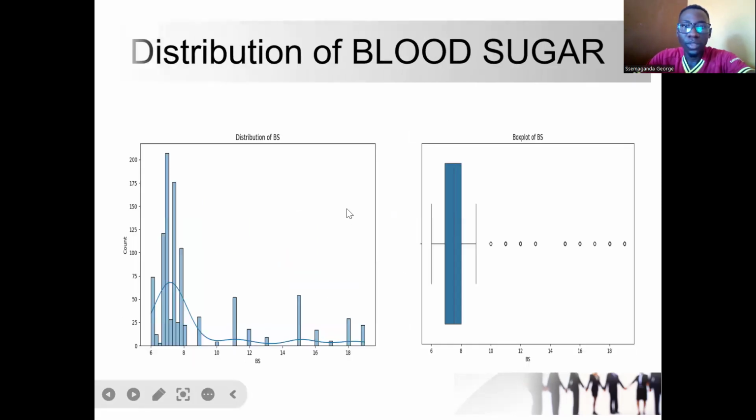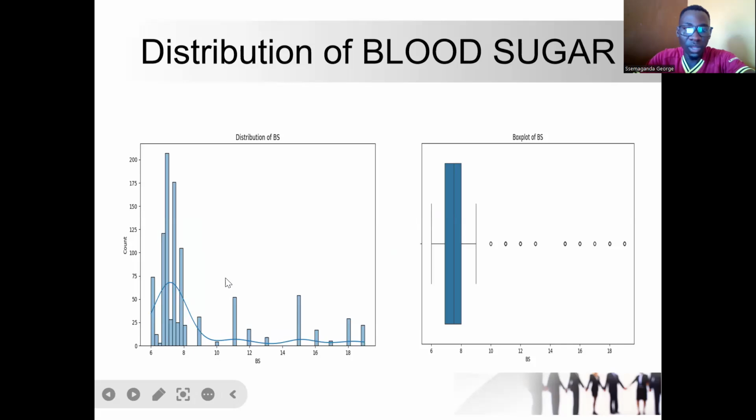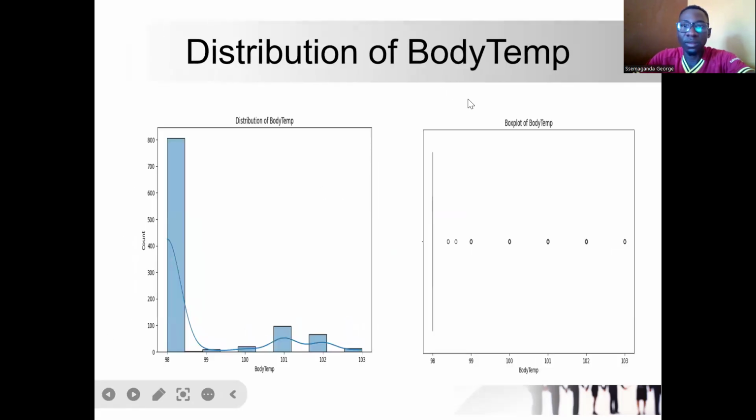Then the blood sugar distribution. Blood sugar is basically between 7 and 15 normal. So that's why the highest count is around 6 and 8. And then we have these outliers here, since we are dealing with different ages of people for this data set. Then the body temperature.